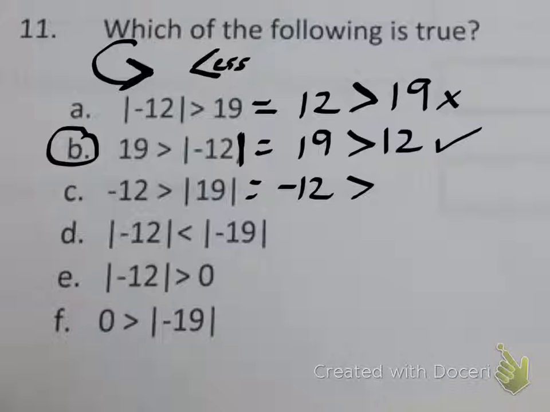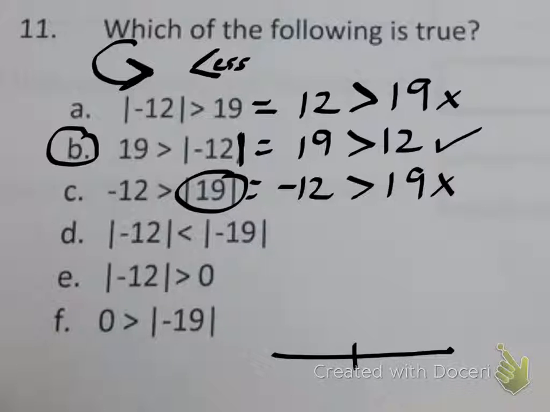So if it's positive to start with, it's still going to be positive. So negative 12 is greater than 19? No, all negative numbers are smaller than positive numbers because they're all to the left of 0. So once again, negative numbers are here, positives are here. Anything on this side is automatically less than.